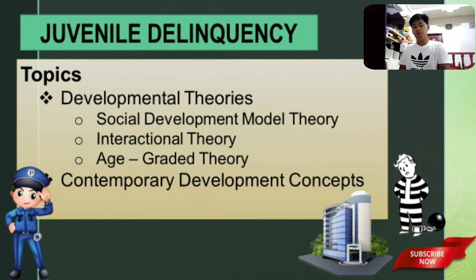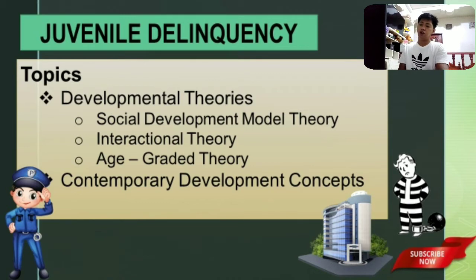Before we proceed any deeper, let me introduce the topic that we will be discussing today. We are going to be talking about developmental theories, and there are three of those theories involved: the social development model theory, the interactional theory, and the age-graded theory.